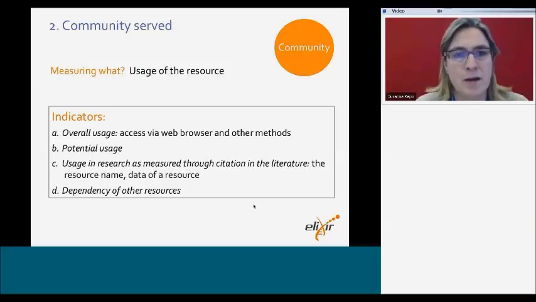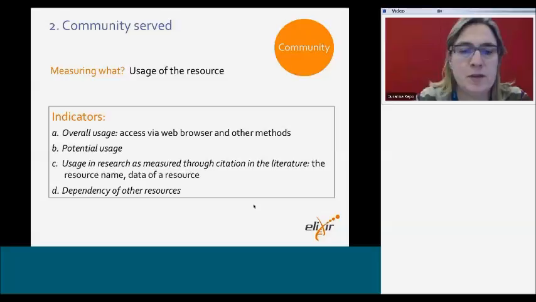How many articles do accession numbers get cited in? And if the resource has indeed had a paper written about it in the Nucleic Acids Research Database Edition, for example, how many times is that paper cited? So this is really about trying to quantify to some extent how well known and well used the resource is in other people's scientific experiments.